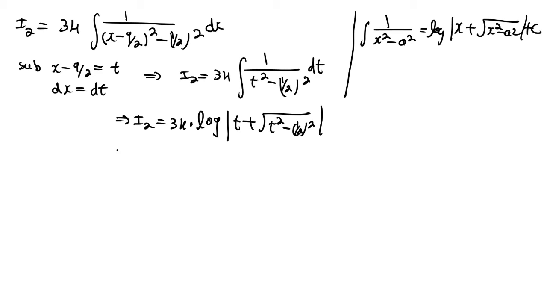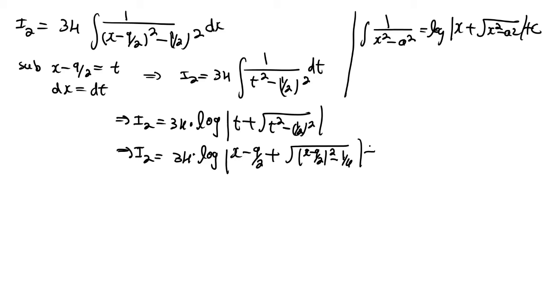So I2 is equal to 34 into log, what is t? t value is equal to x minus 9 by 2, plus square root of x minus 9 by 2 whole square minus 1 by 4. Plus, c1 already taken, right? The second term I am taking as c2.